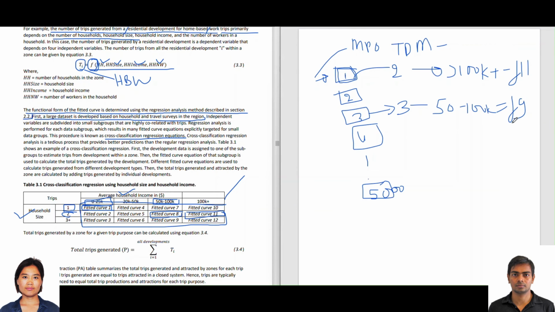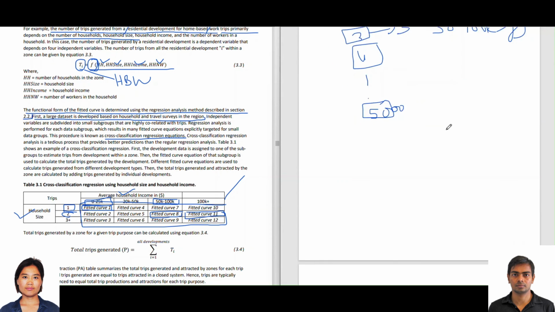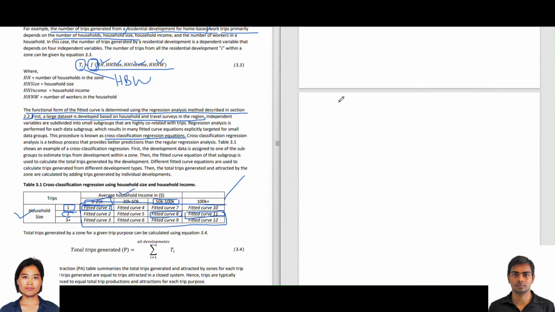So this is done using software, but this is how trip generation works. The way trip generation works is, first we figure out the total number of trips by each purpose. For each trip purpose we have equations, and usually they are not one, usually they are a bunch of equations under what is called cross classification regression equations.